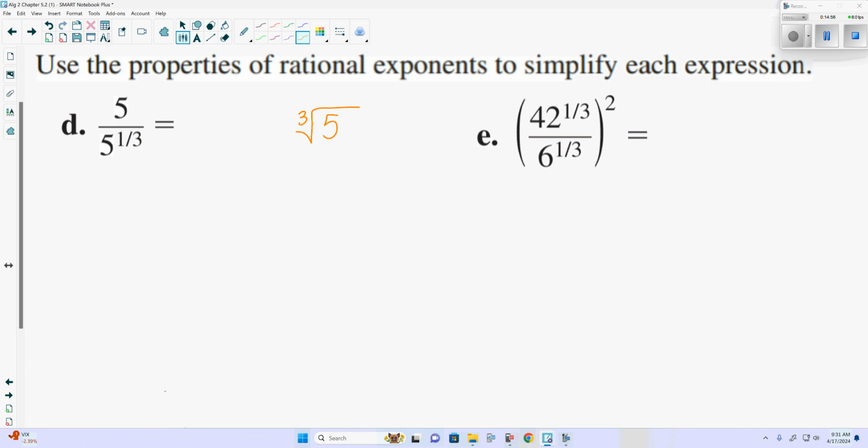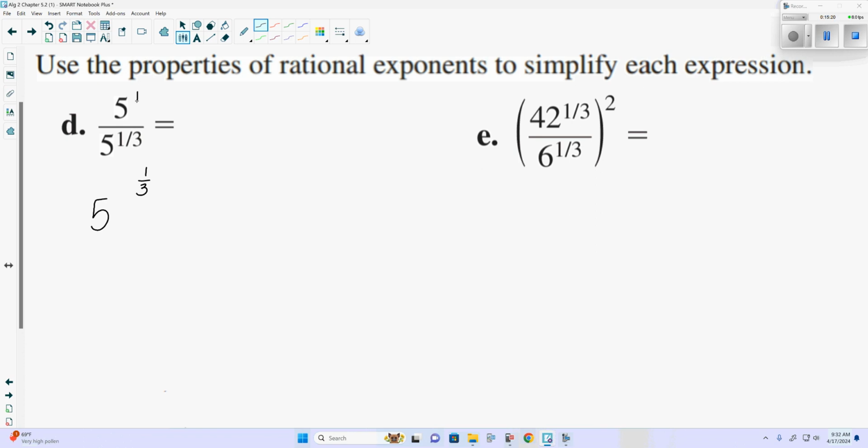But if we look at the problem that we have, 5 over 5 to the 1/3, we are dividing like bases, yes? If you divide like bases, we can subtract the exponents. So, 5. Now 1/3 is on bottom, yes? What's the number on top?